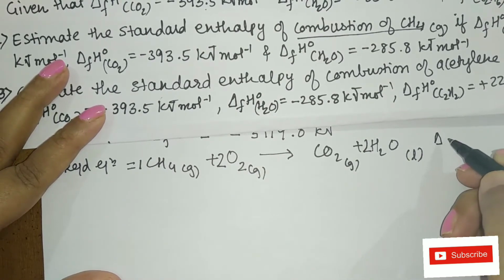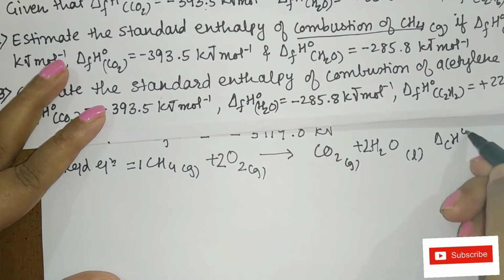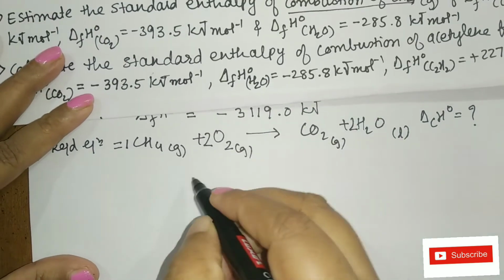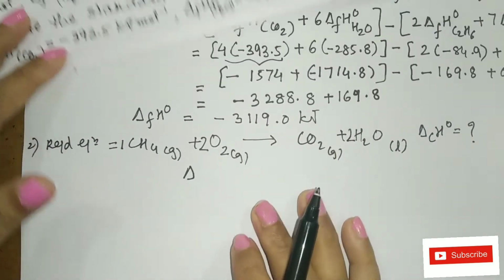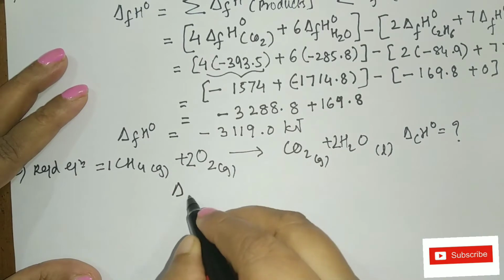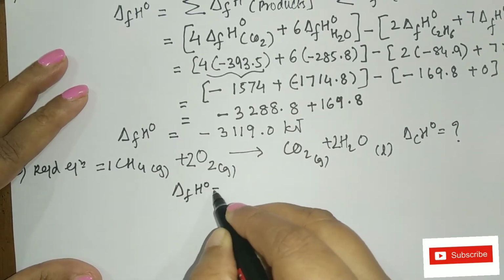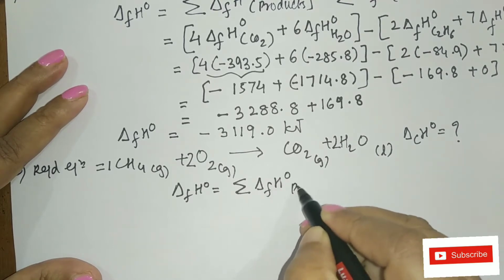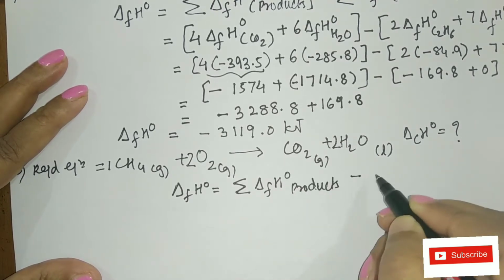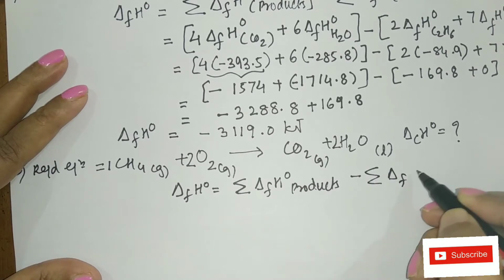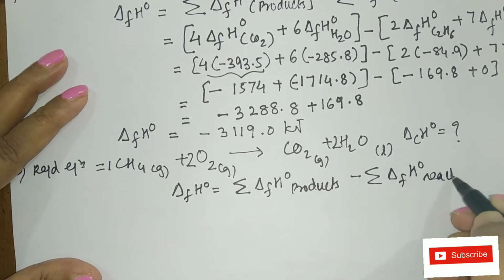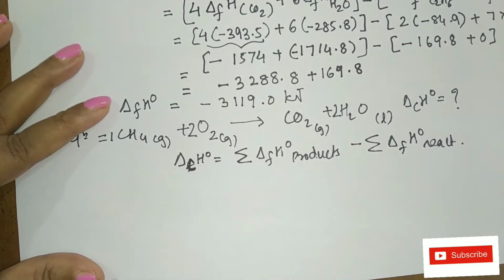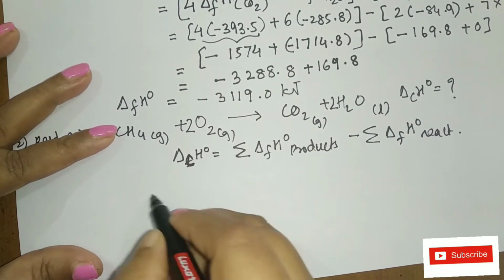Now they are asking you to calculate the standard enthalpy of combustion for this reaction. So let us write the formula. It is the same formula, students, that you will be using. The enthalpy is equal to the summation of the standard enthalpies of formation of the products minus the summation of those of the reactants. Here they are asking you for combustion, so I'll mention this as combustion. So let us substitute.